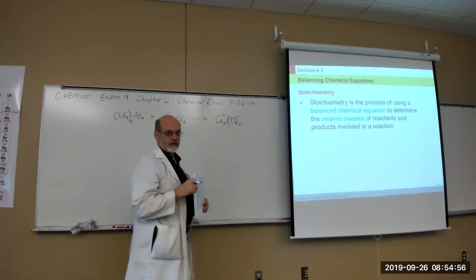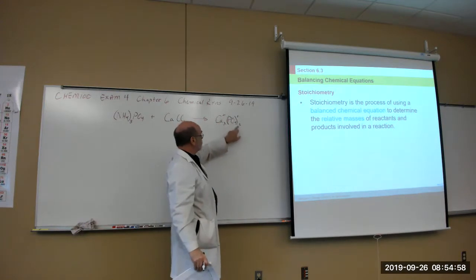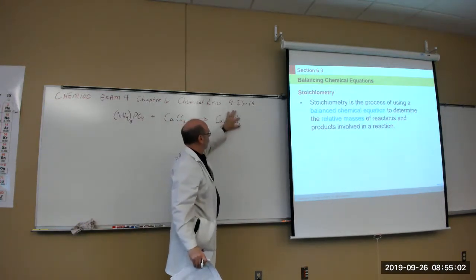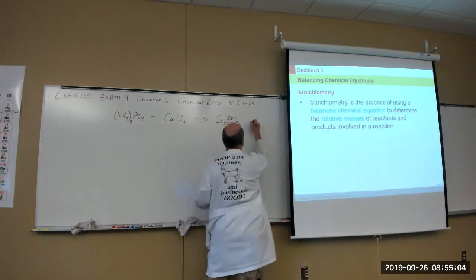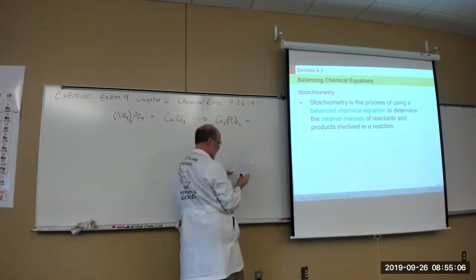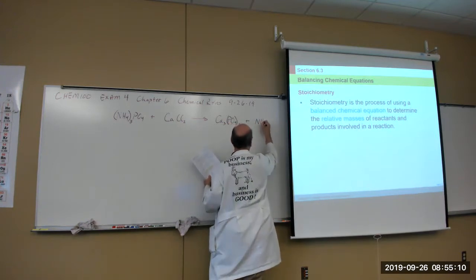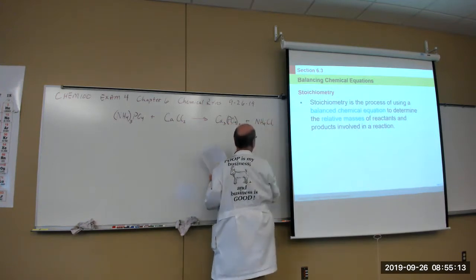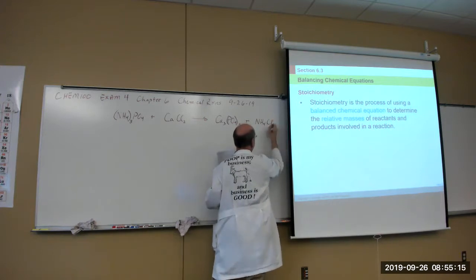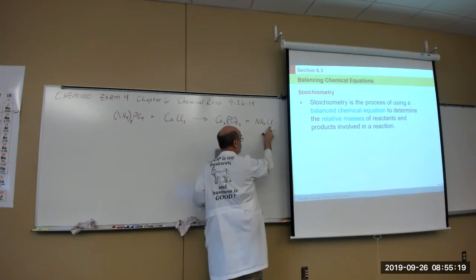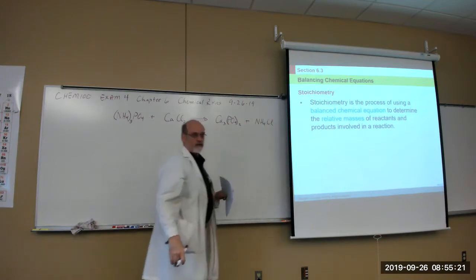And that one's written correctly. 3 times 2 plus is equal to 2 times 3 minus. Okay? And then the last product is ammonium chloride. This is a polyatomic with a +1 charge. Chlorine is -1 charge. So that one is written correctly.